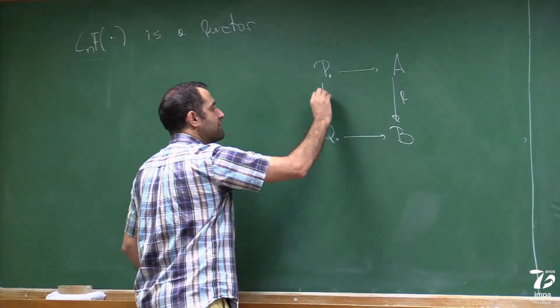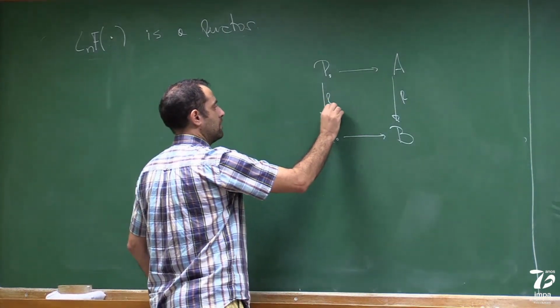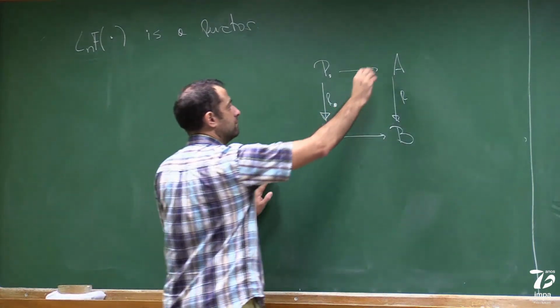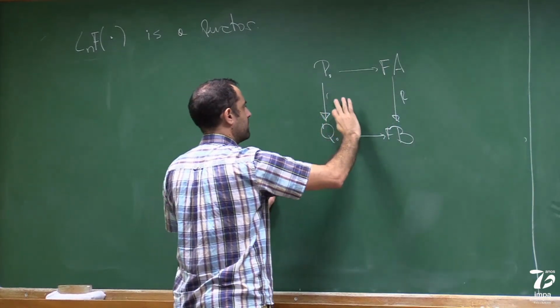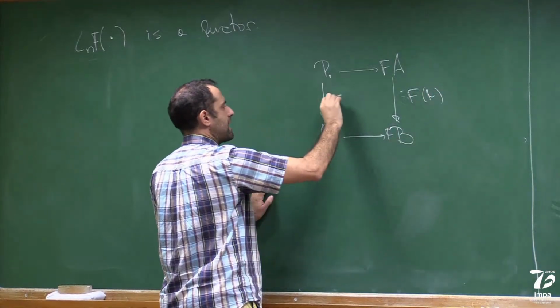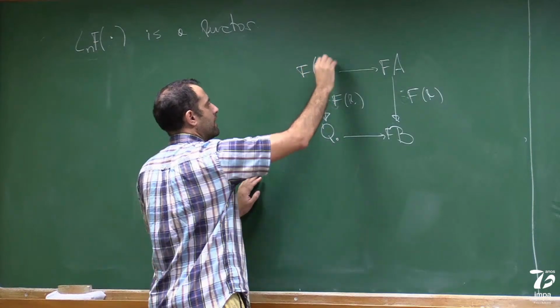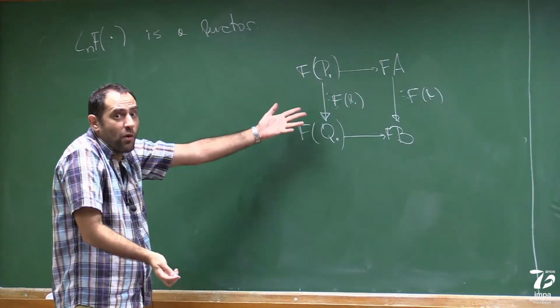You do get a lifting unique up to unique homotopy. You apply F. I'm slow here. So this is F of f, and this is F of my lifting. I get this complex, and I get this complex. And now I take homology. Homology is a functor.